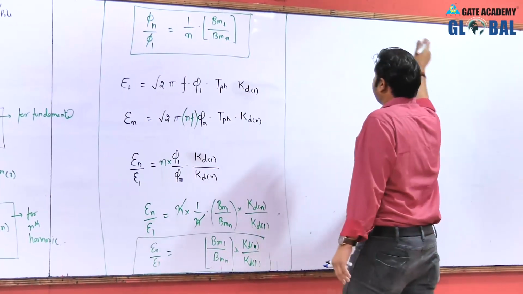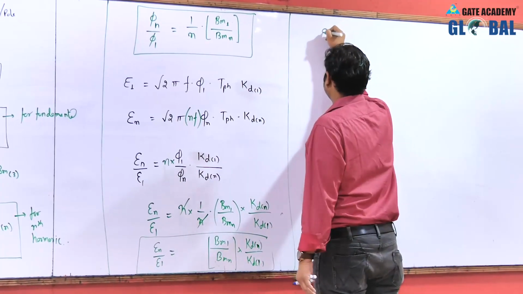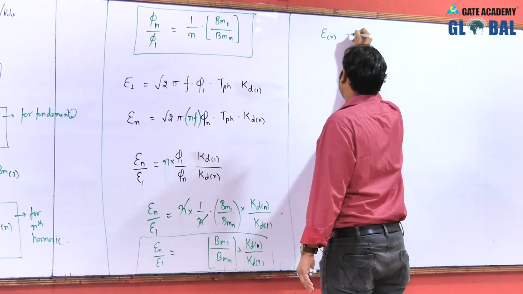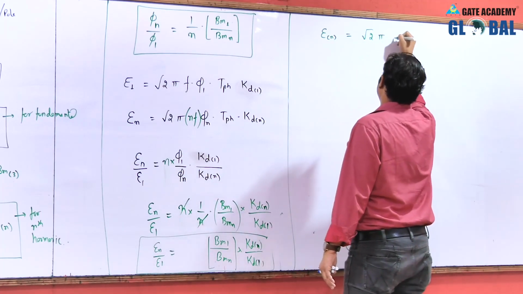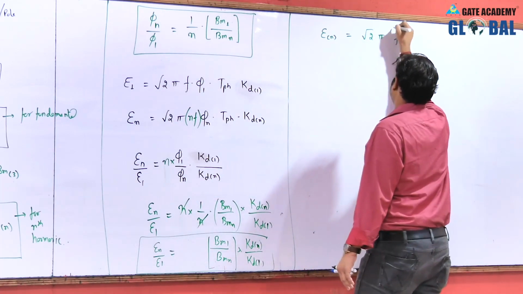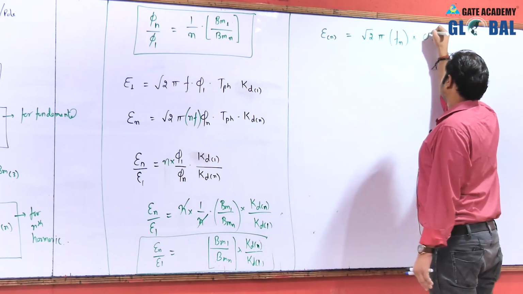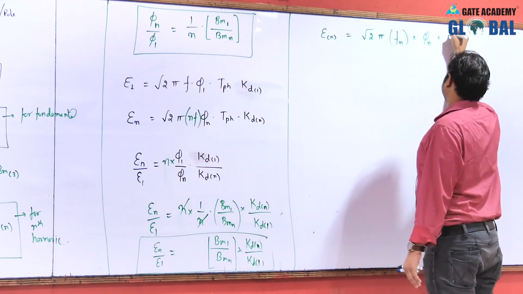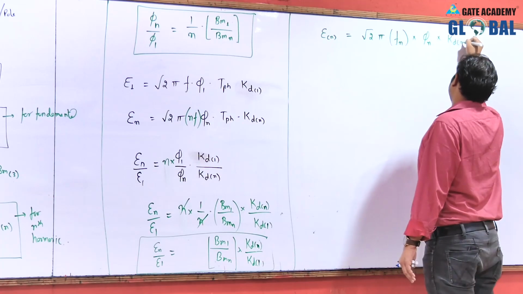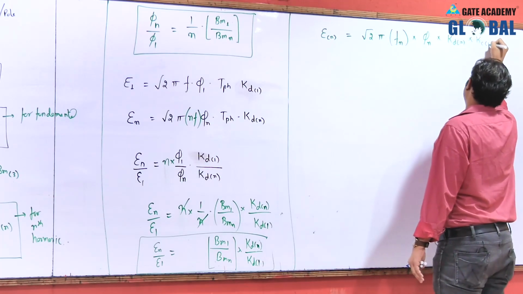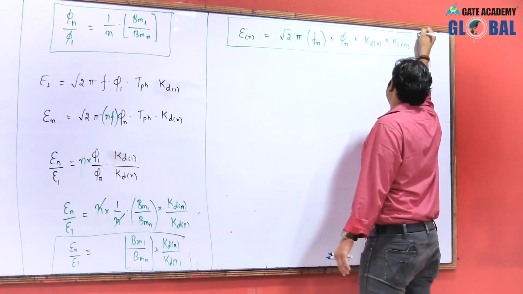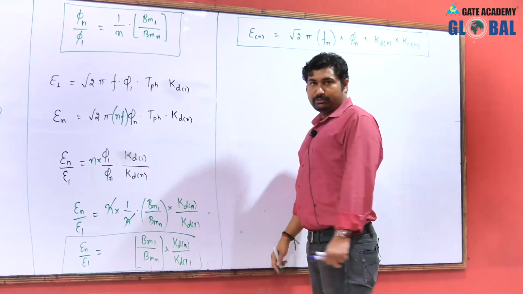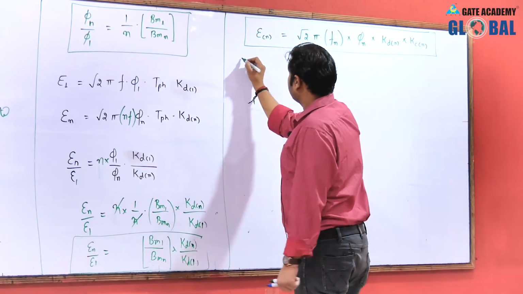When we have to find the nth harmonic voltage, E of nth harmonic voltage can also be represented as under root 2 pi Fn, that is nth harmonic frequency, into phi n into Kd of nth harmonic into Kc of nth harmonic. This is the induced EMF equation for nth harmonic voltage in distributed and short pitched winding.